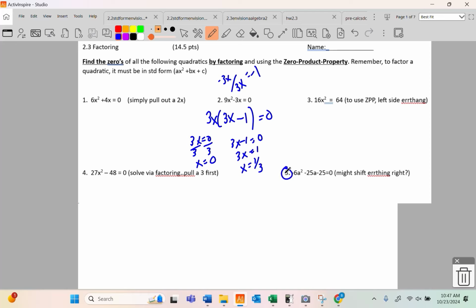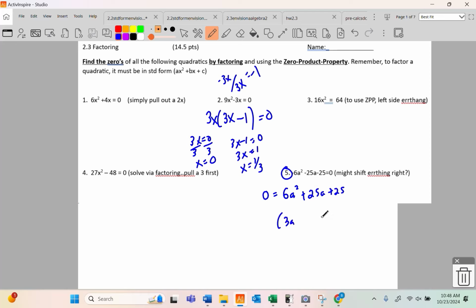Let's look at 5. On 5, you might shift everything right, because if you do that, the a squared variable becomes positive. In fact, they all become positive. And now let's see if it factors. It does.